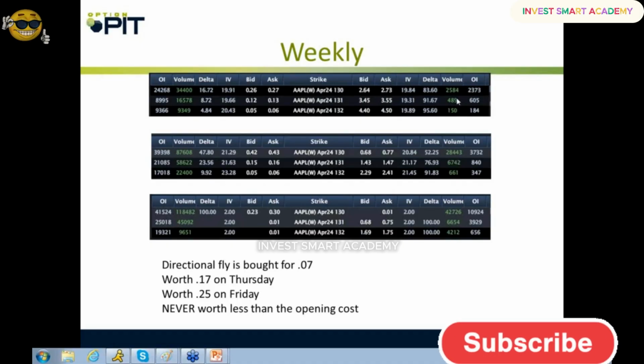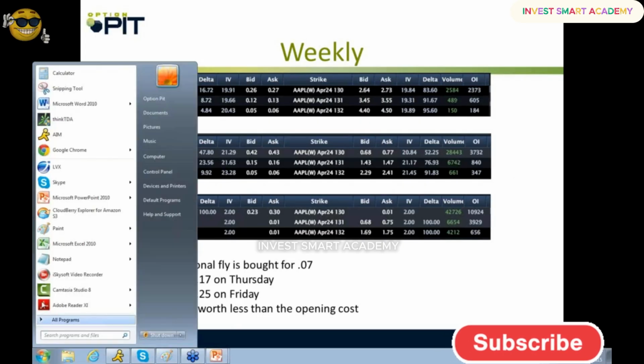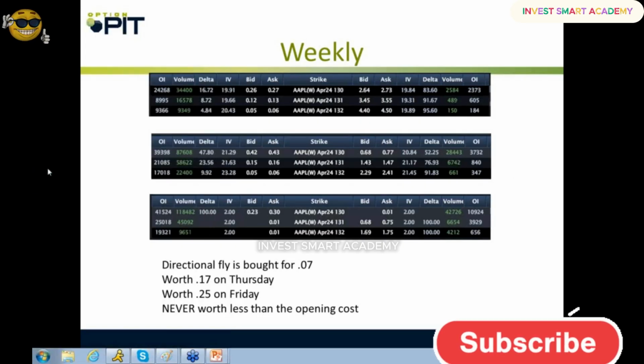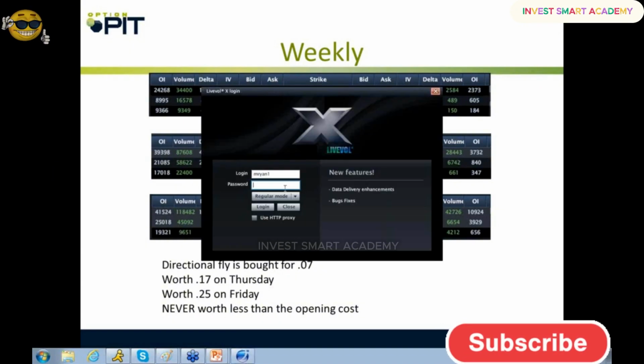And in fact, during the day Friday and during the day Thursday, you had opportunities to make a lot more than that. I mean, take a look at a chart of Apple. Let me get live ball back open. Are most of you guys TD people, or most of you guys live ball?